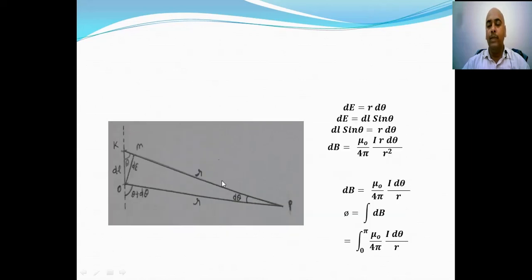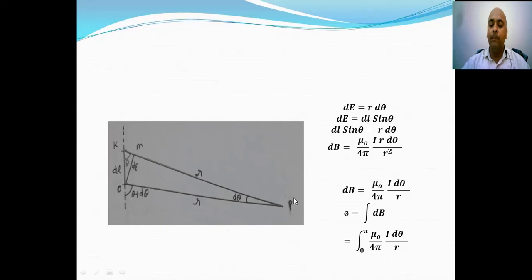By using these mathematical relations, we can also find that the length DE, which was the length of the perpendicular from point O on the upper line, can also be assumed to be equal to r d theta, because these two lengths are almost the same and are exactly r.